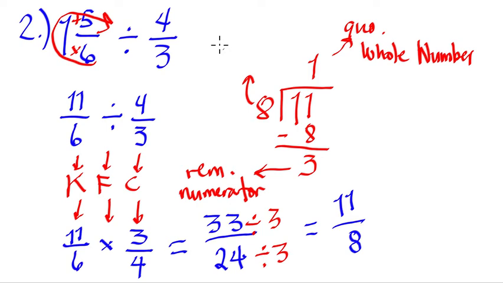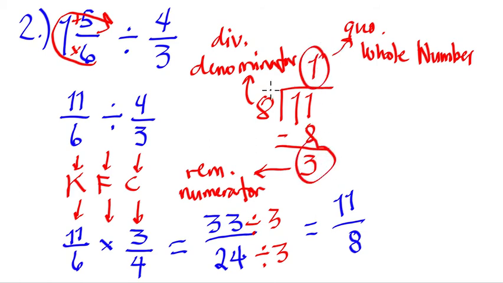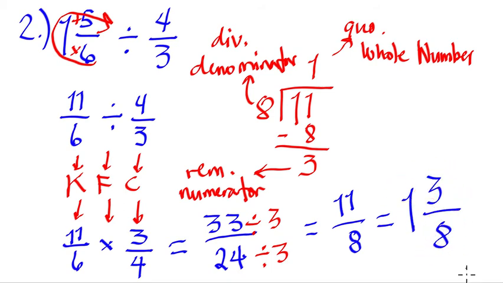And this is our divisor, which will be our denominator. So let's follow this: 1 and 3 over 8. This is our answer for number 2, that is 1 and 5 over 6 divided by 4 over 3.